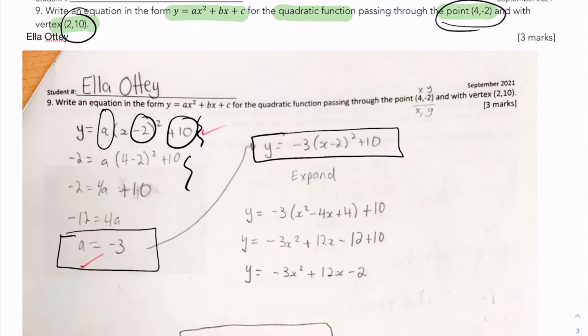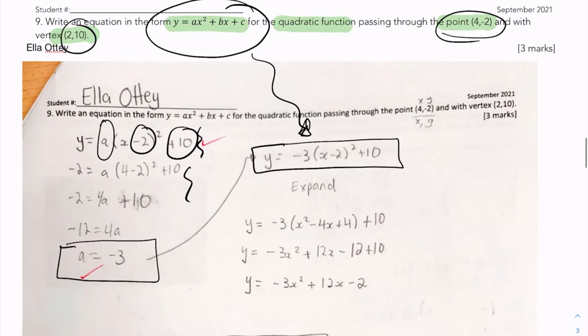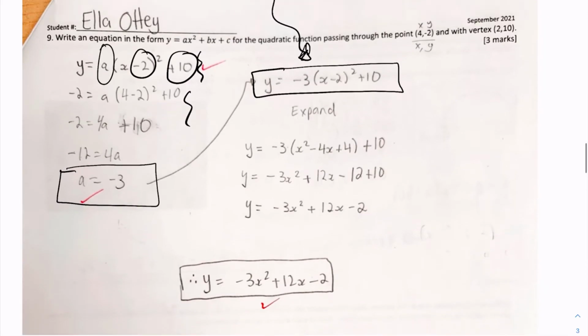Now, some people stop there because they forgot that we're looking for an equation in standard form. At this point, you're not done. I mean, you're done in the sense that you have an equation, it is the right one, but it's not the form that it's asked for in the question. So the rest of the work here is really just, as she says, expanding, collecting like terms.